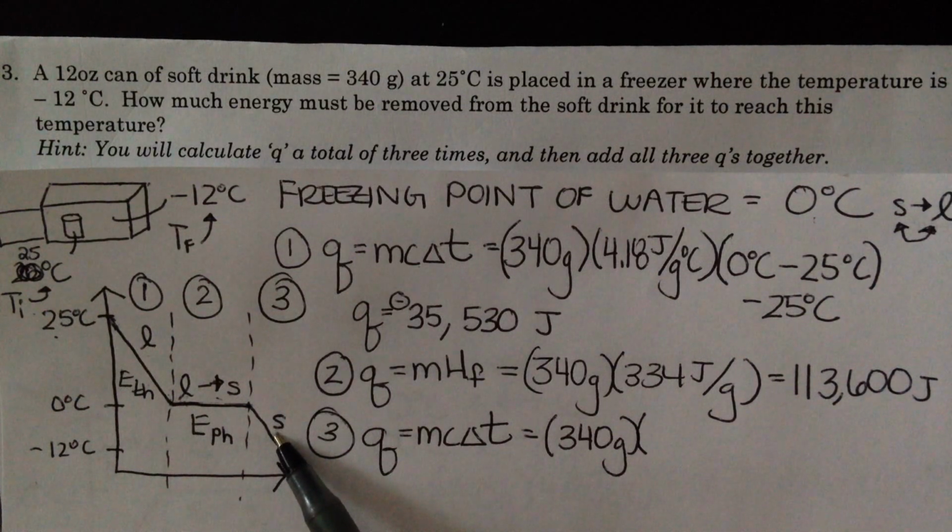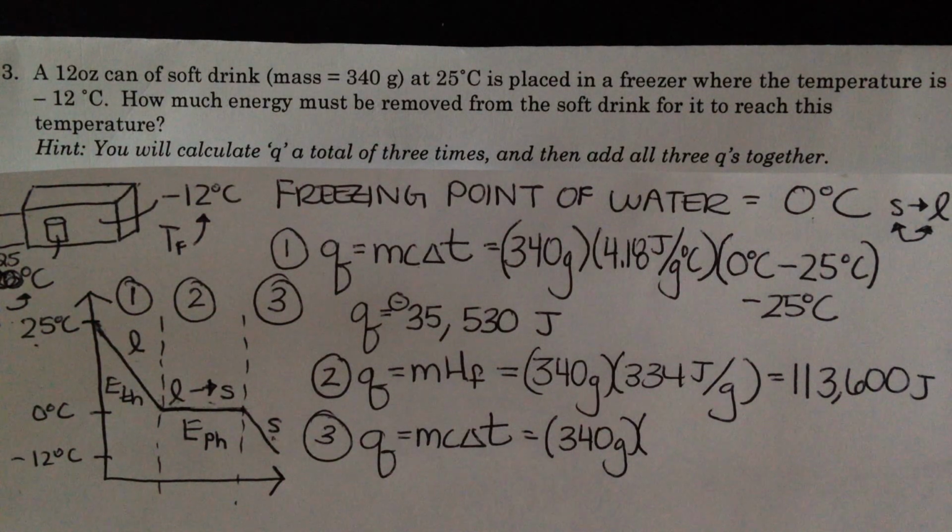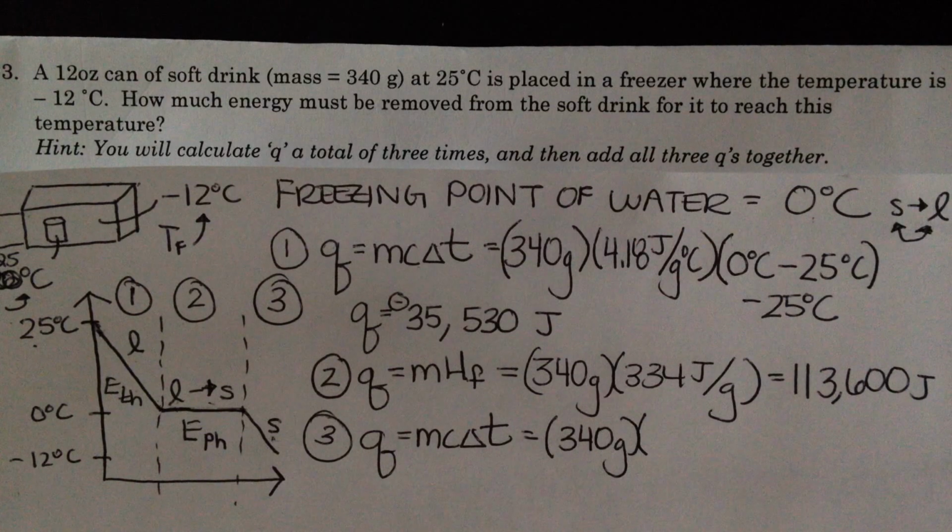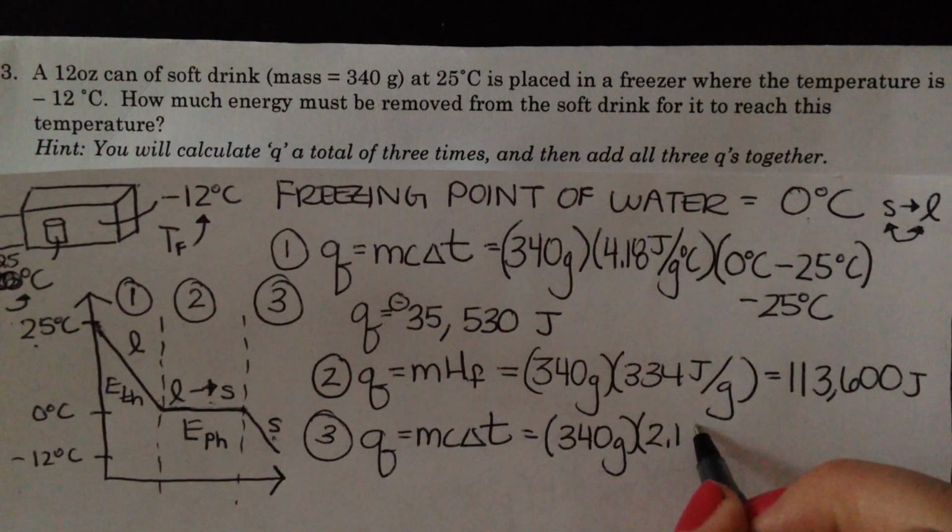So we cannot use 4.18 joules per gram degree Celsius because that 4.18 number was for liquid water. In this case, we have solid ice. So your worksheet should say above that the heat capacity of solid water is 2.1 joules per gram degree Celsius.